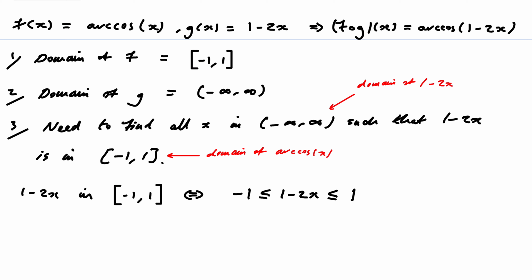So all I've got to do is solve this inequality, or at least put it into a form of x between two things so I get a nice interval. So this is if and only if what? Let's add minus 1 to both sides. That doesn't change anything, because adding or taking away numbers preserves inequalities. So we're going to take away 1. I'm going to do this to get this, 0, so I'm taking away 1.